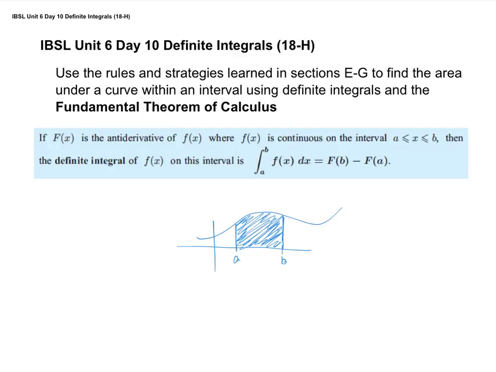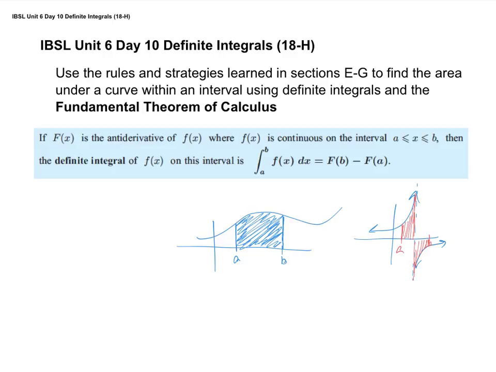And by the way, you can see here why we need it to be continuous on the interval. All right. Consider if our function were like a hyperbola of some sort. You know, we had something like this, and we had something like this. And there was this asymptote down the middle. If a was here and b was here, getting the area would be impossible because, like, what's the area down there as we're approaching the asymptote?